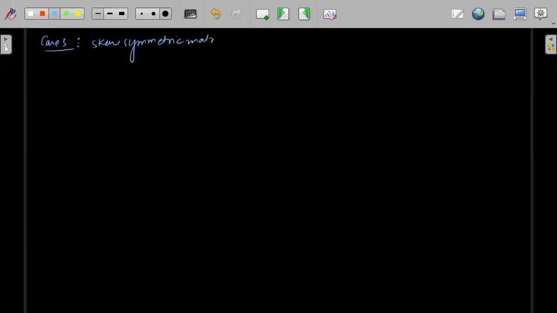In a skew symmetric matrix we will have a and b, minus b. Okay, so this will be 0 because we are adding them. So the total number of cases will be 2.